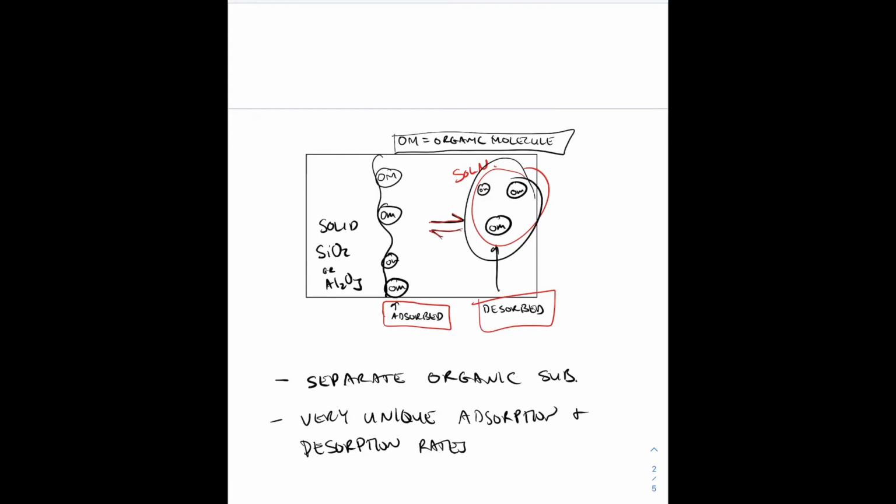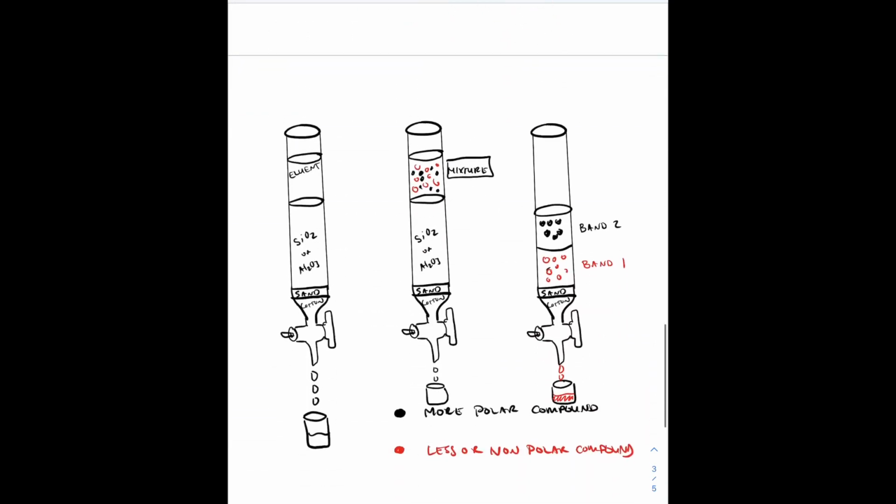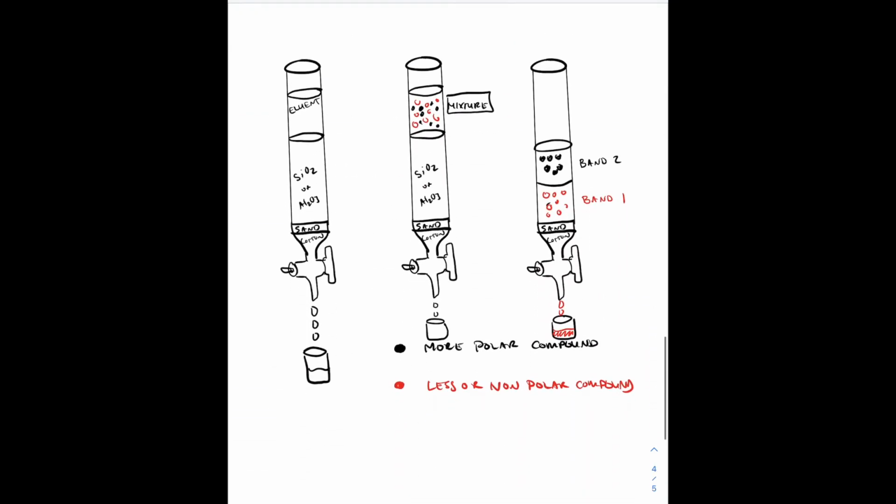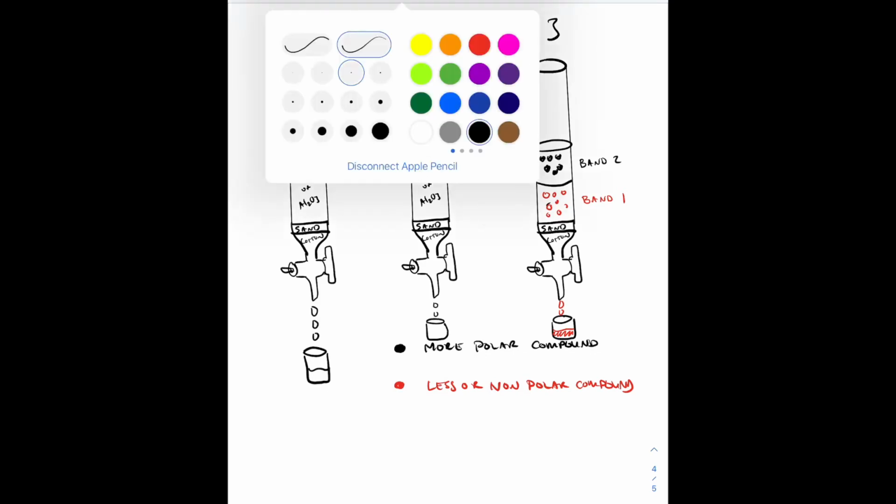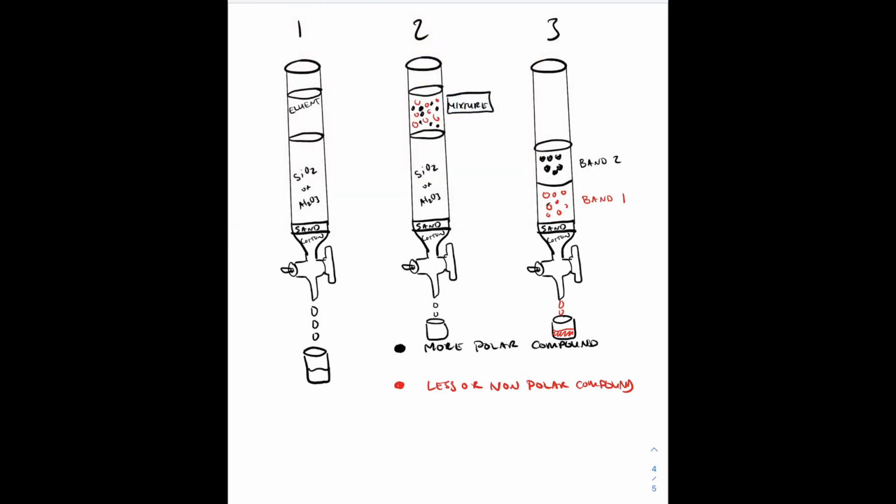Okay, and so let's take a look at that. I got a super sweet drawing already prepped for you. So this right here is actually a column. Oh, sorry, not the bottom part. That's a beaker, right? But what I've drawn here is a step 1, step 2, step 3. So right here we have the eluent. Let me use blue because it's cool.